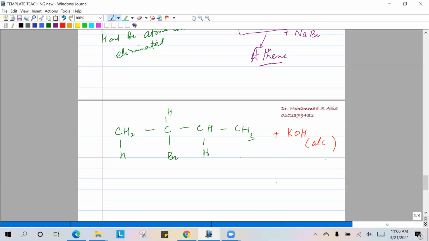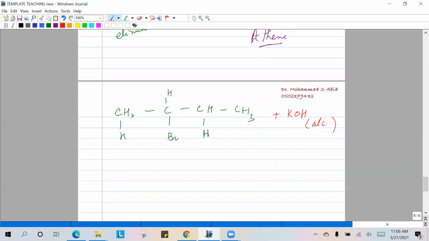In this case, what happens is there are two choices. There are basically two products which can be formed. So over here, what happens is when it reacts with KOH, definitely the Br will take away its electron out.